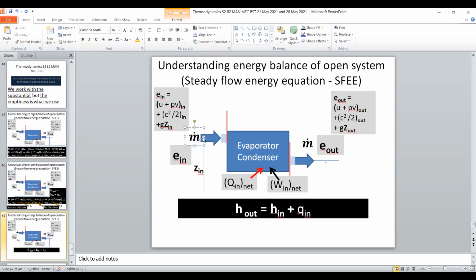I just put 1 kilogram. 1 kg in, 1 kg out, per second or whatever.